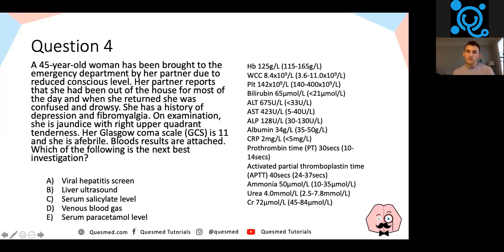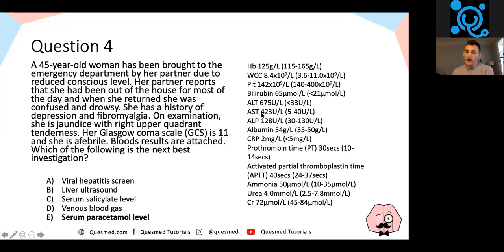Great, so most people went for E, some people went for C and B. The correct answer for this one is E. This is a lady who's presented with acute liver failure. She's got a reduced GCS, she's jaundiced, she's got right upper quadrant tenderness, and she's got a high bilirubin.